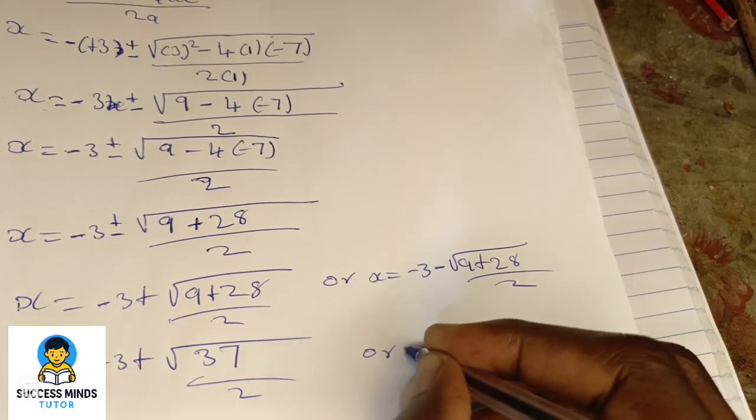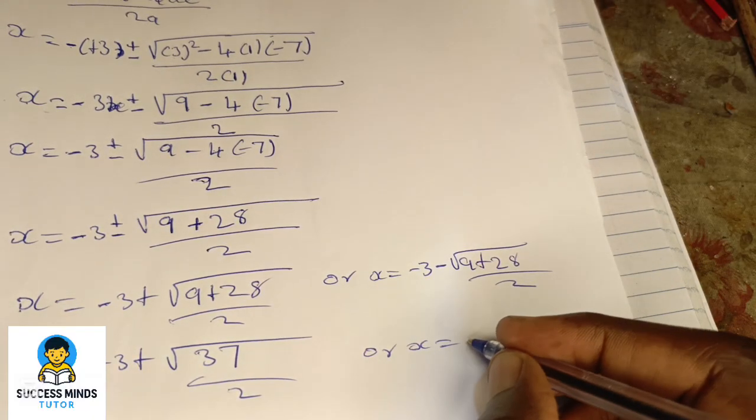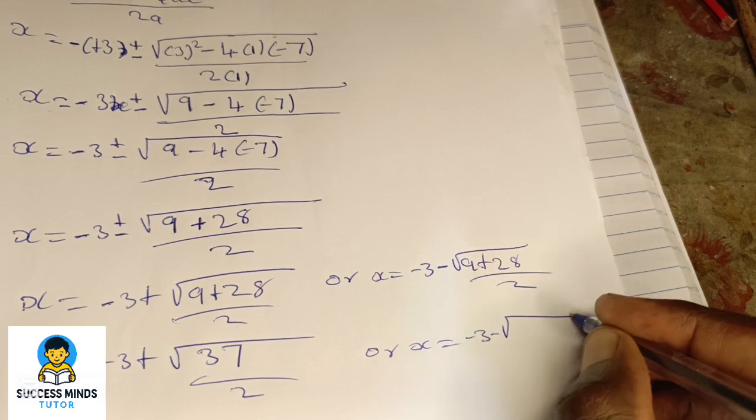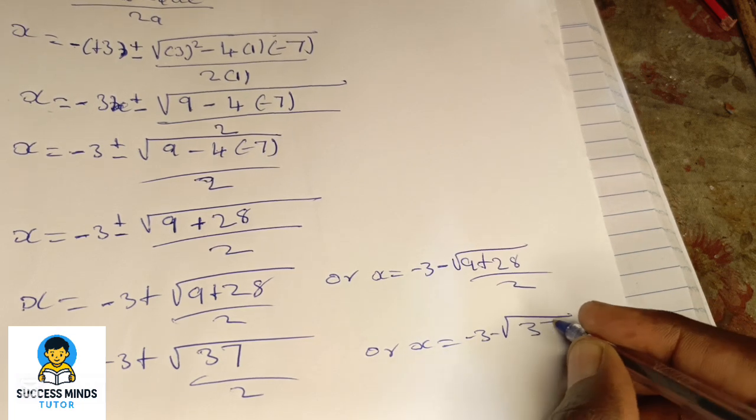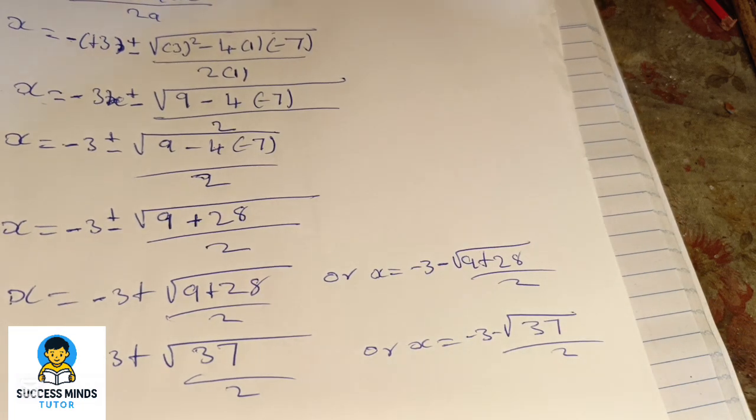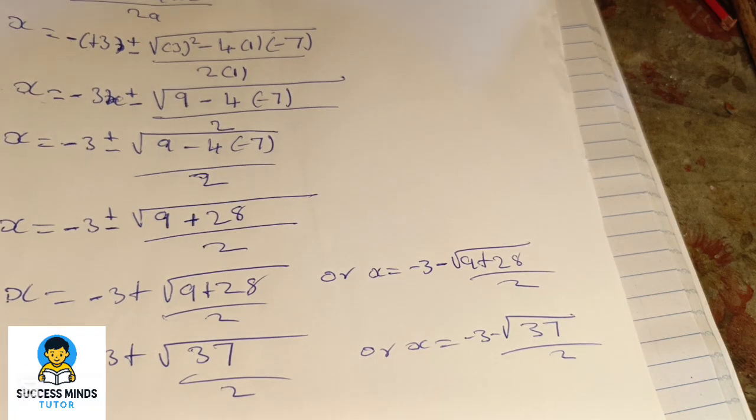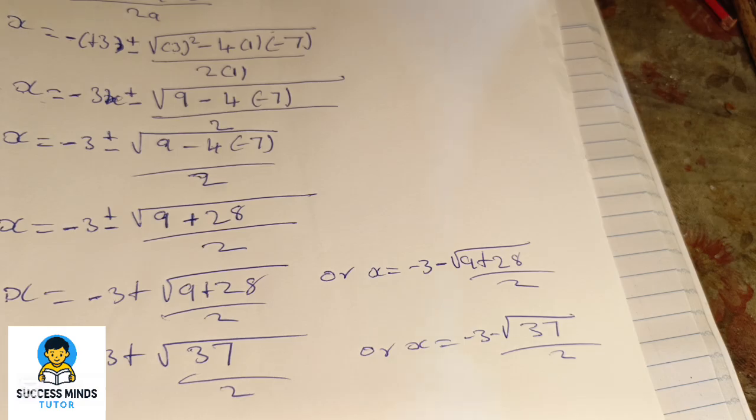Even this side you say, or x is equals to -3 negative square root of 37 over 2. So from here, we are going to divide. We are going to punch it just the way it is. So we're going to say -3 plus square root of 37 divided by 2, okay?